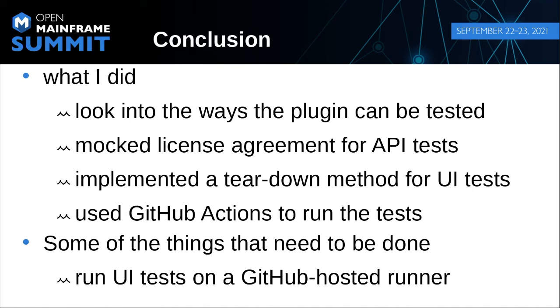I also researched the UI test robot and implemented a preliminary teardown method for closing dialogues. Lastly, I have put the tests into a pipeline provided by GitHub called GitHub Actions. One of the things that remain to be dealt with is to figure out how to run UI tests on GitHub hosted runners.